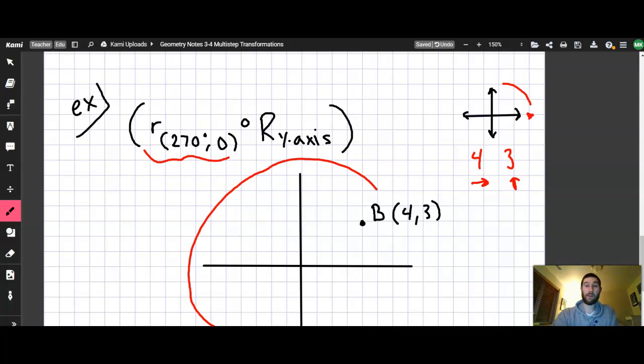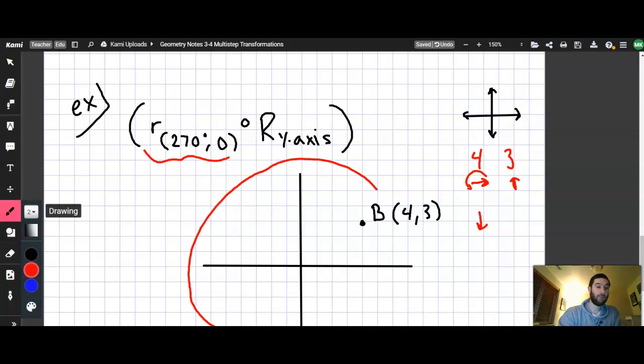So 1, 2, 3. So what was going to the right after our 270 degree rotation means we are now going down. And then for the 3, which is going up, we're able to count that 270 degrees from up.